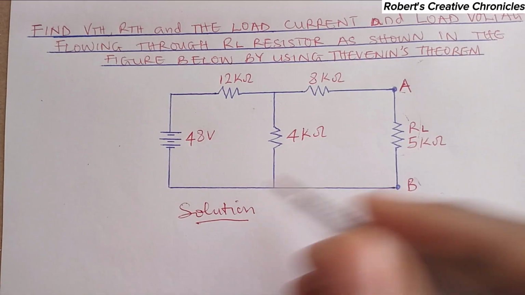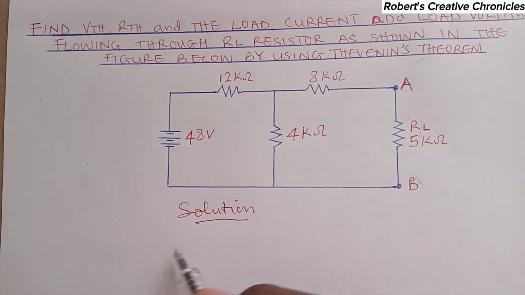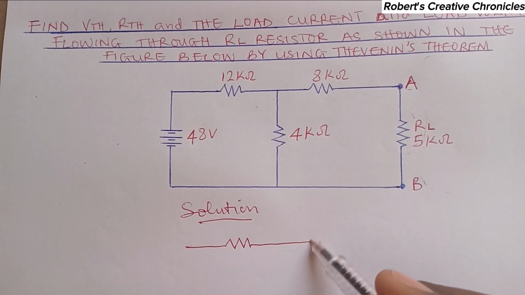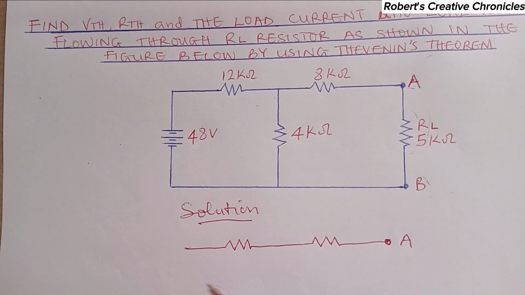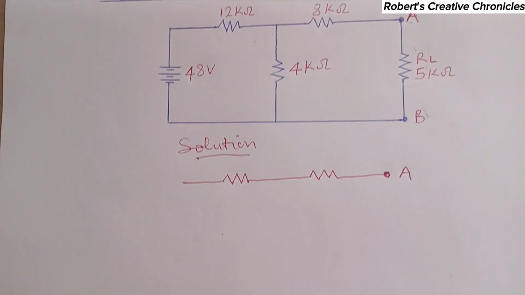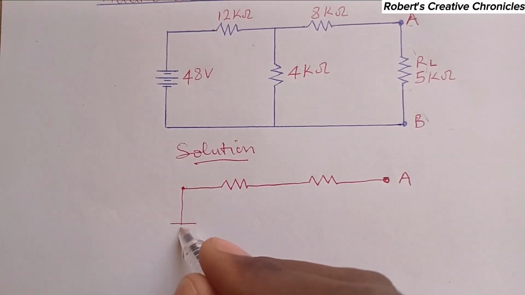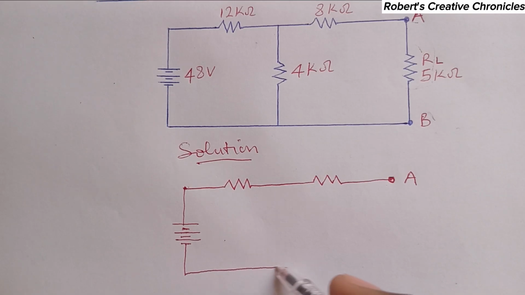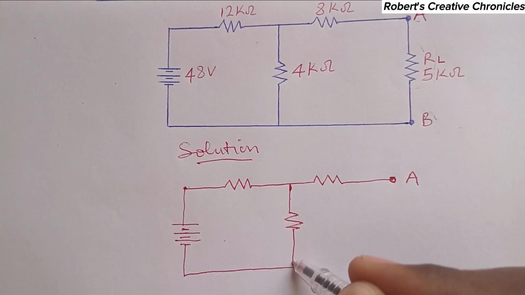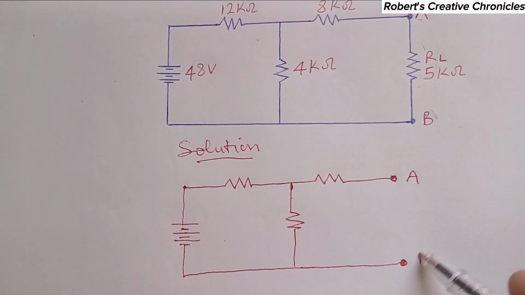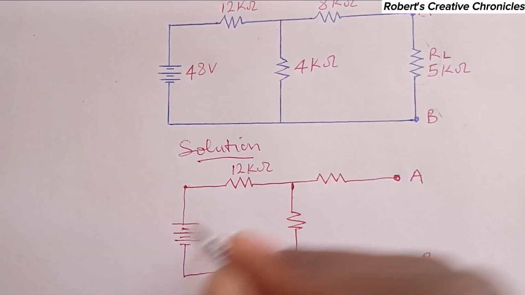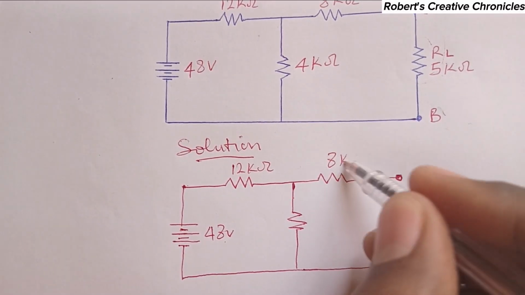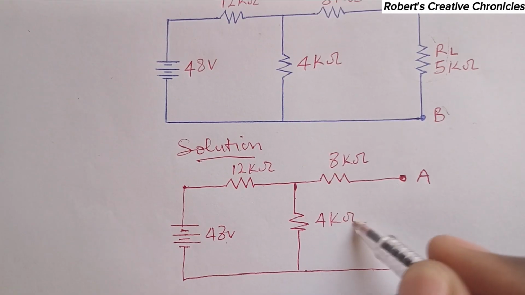When we remove this branch, since we are finding the load current and the load voltage, the circuit becomes: here is 12 kilo ohm, here is 48 volts, here is 8 kilo ohm, here is 4 kilo ohm.